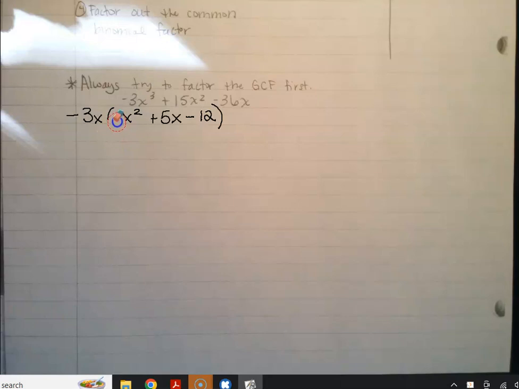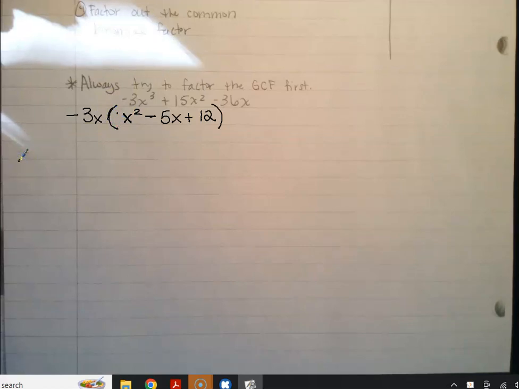Let's do that. Ultimately, it's a little bit easier to make this a positive. So negative 3x cubed divided by negative 3x is just going to give us x squared. Then we get a negative 5x plus a 12x. So that gives us that a is equal to 1.